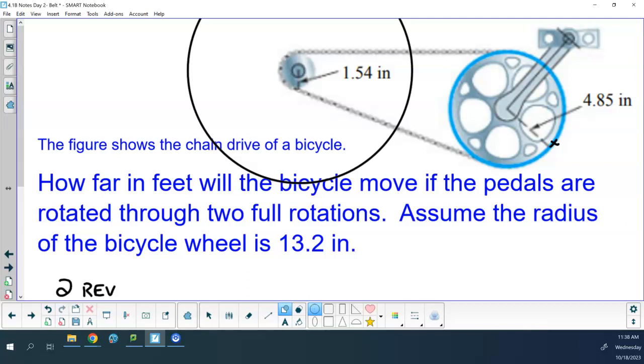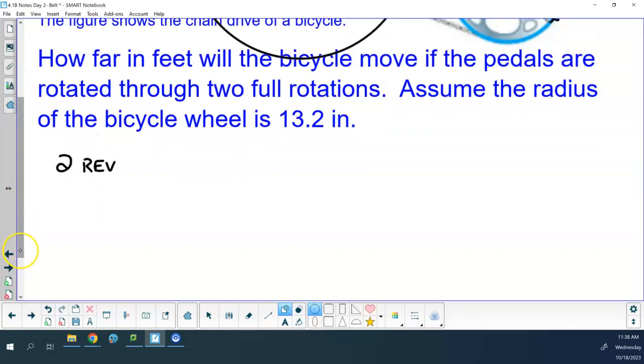Okay, we know that the chain has moved 2 revolutions, right? We know that 1 revolution is what?